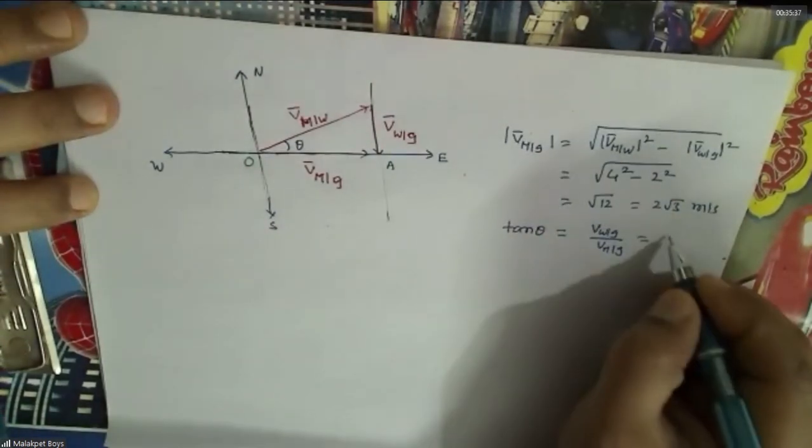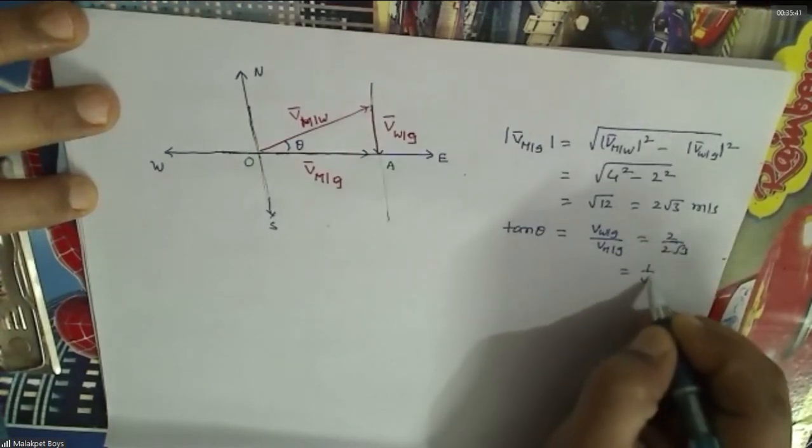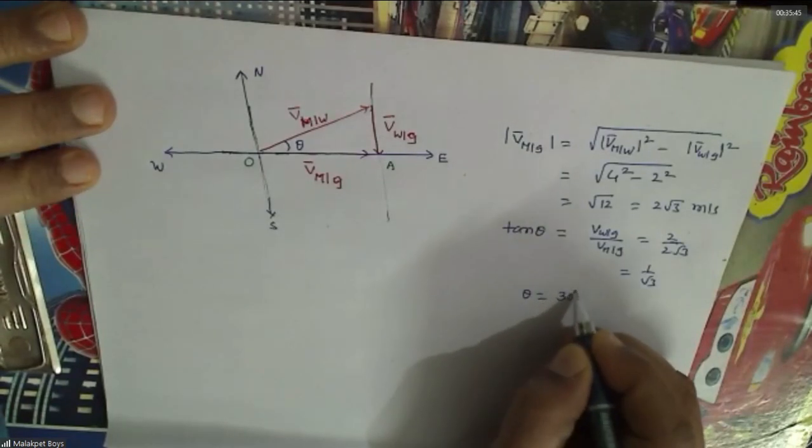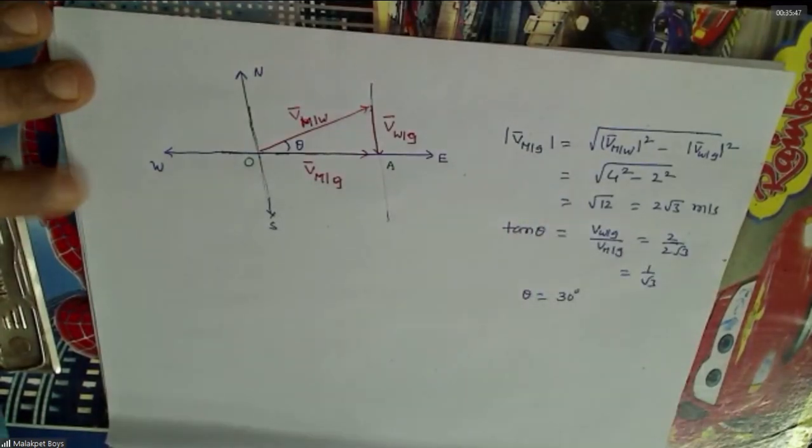These 2, no? So theta should be 30 degrees. Do you agree with this? Correct or no? Sir, correct only, sir.